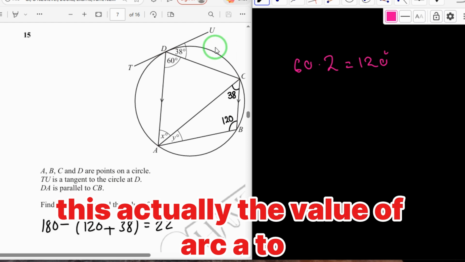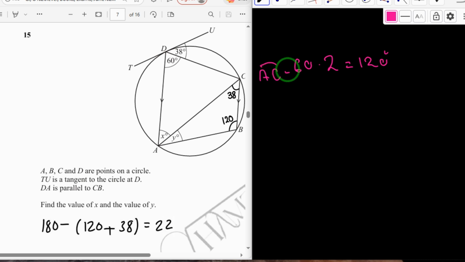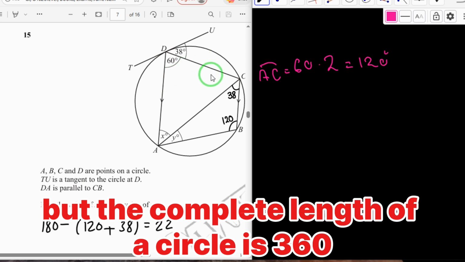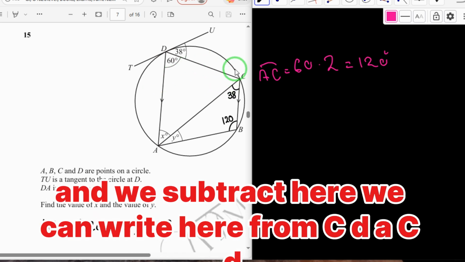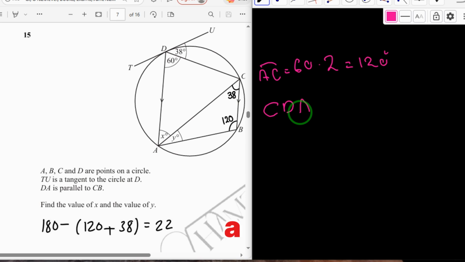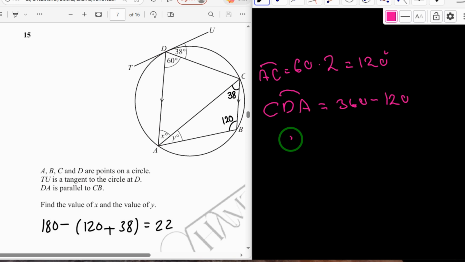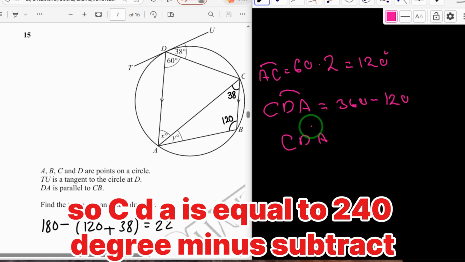This is the value of arc A to C. But the complete arc of a circle is 360, and we subtract. We can write that arc CDA is equal to 360 minus this part, minus 120. So CDA is equal to 240 degrees.